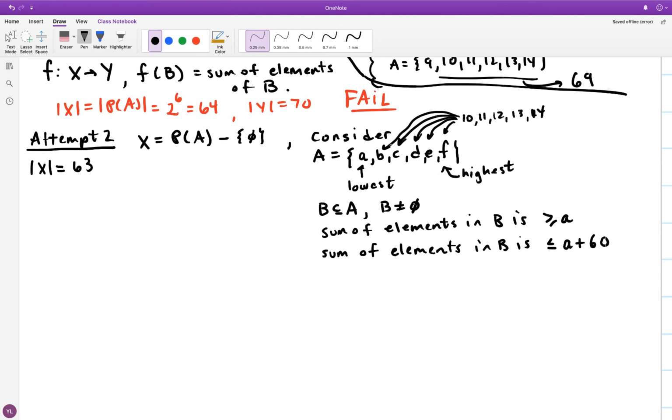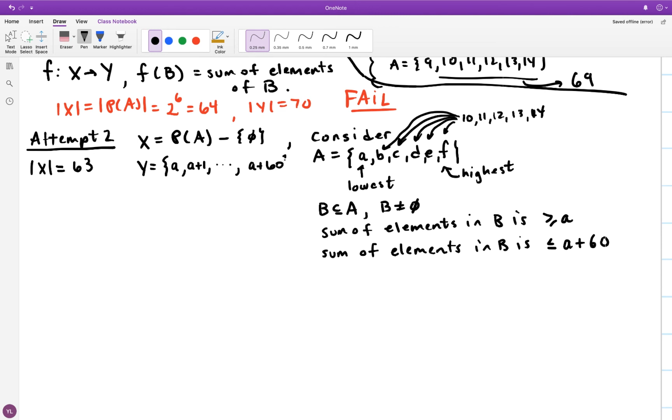Okay, so right now I am considering the non-empty subsets of some random subset A that includes 6 integers from 1 to 14. And I've got a lower bound and an upper bound for the sums that could come out of that. So let me now try again. So Y this time is going to be the possible sums that I can see, which is going to be whatever the lowest number a is, and then a plus 1, a plus 2, and then all the way up to a plus 60.